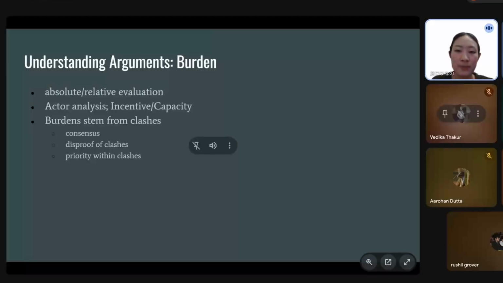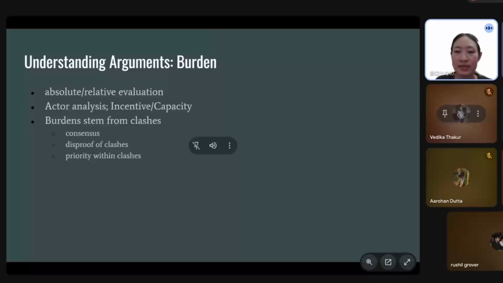So there are two types of explanation and two types of burden we have to take into consideration. The second thing is actor analysis on incentive or capacity, because even if they show there is incentive, if there is no capacity, probably the thing will not happen, because they don't have the capacity though they have the incentive.